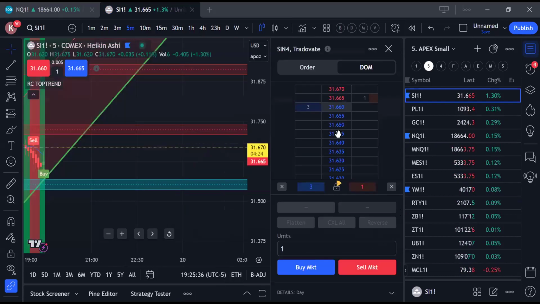I can just go and submit my order. So we are trying to go long on silver.